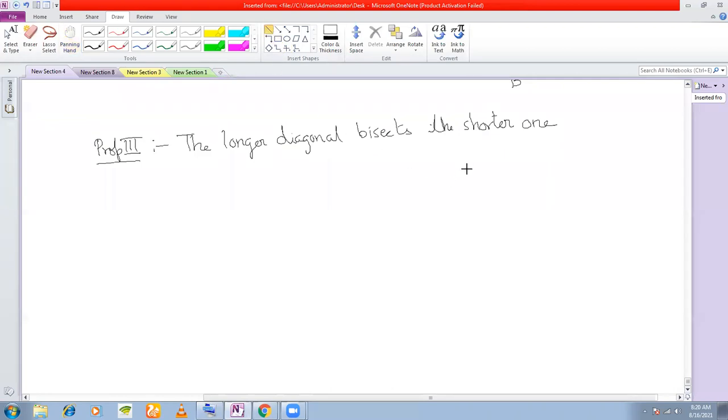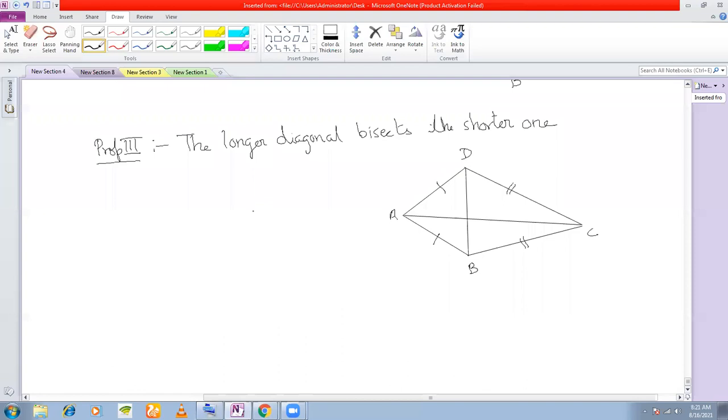Now let's see what it means. This is a longer diagonal, and this is the shorter diagonal.